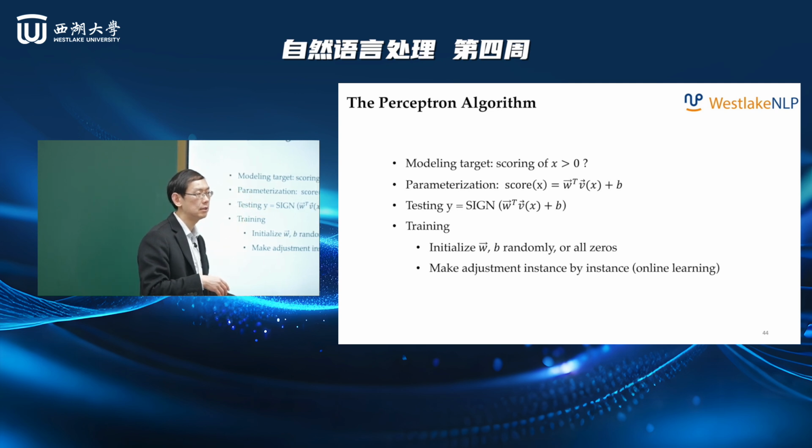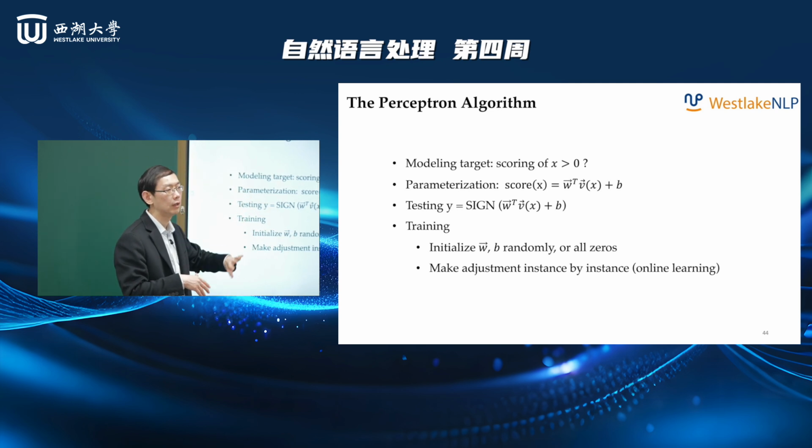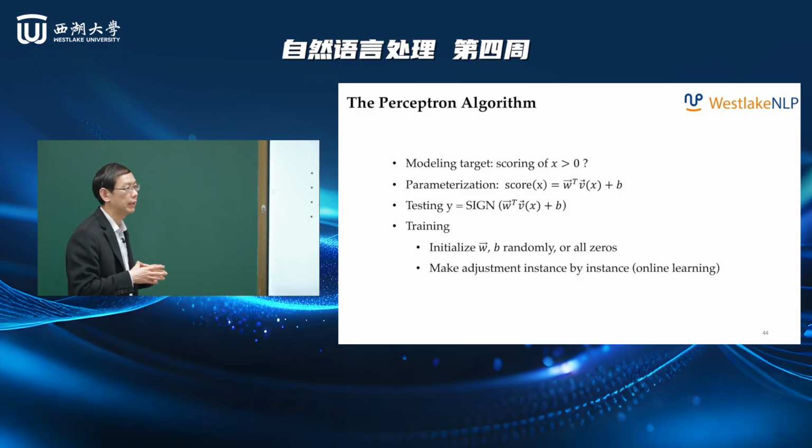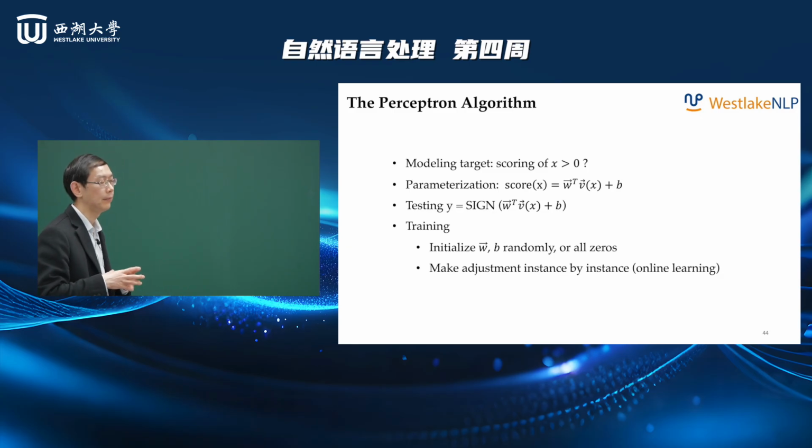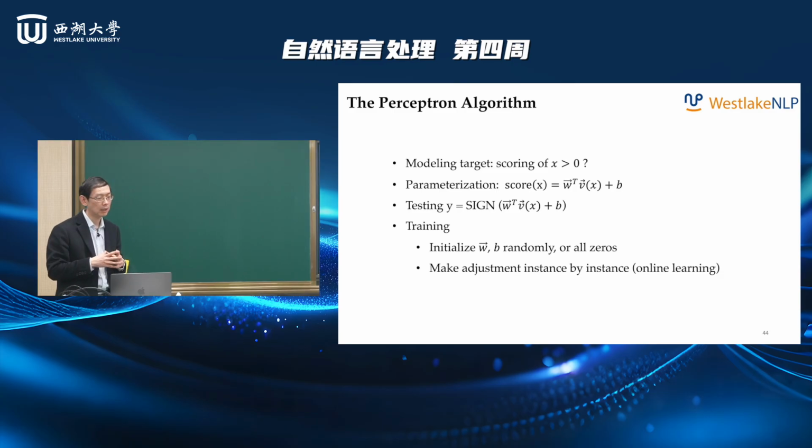If it is less than 0, it's of class -1. Binary classification. We can understand this parameterization in a vector space theme. The perceptron doesn't really specify a training objective, but it specifies the training process.